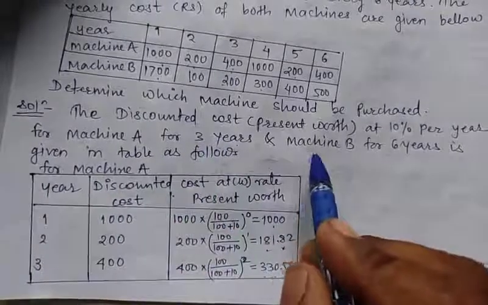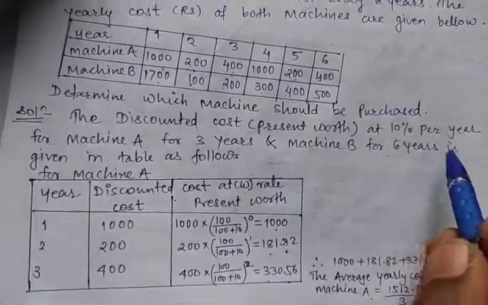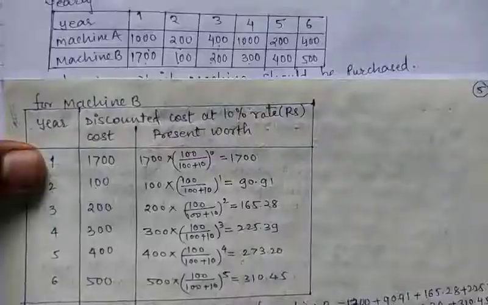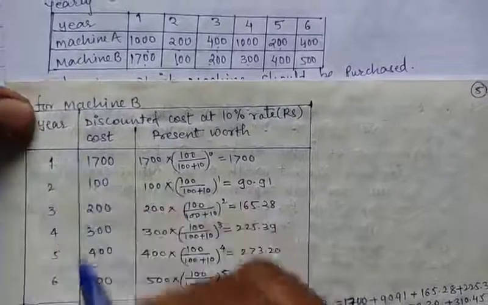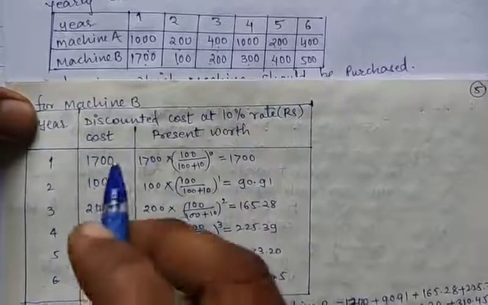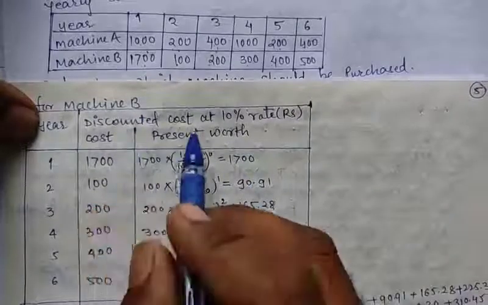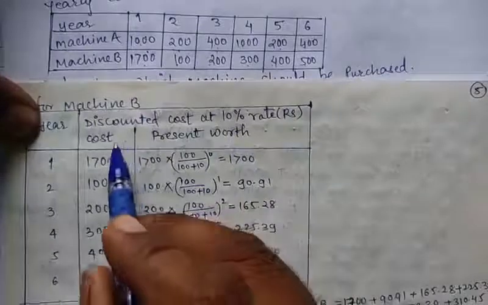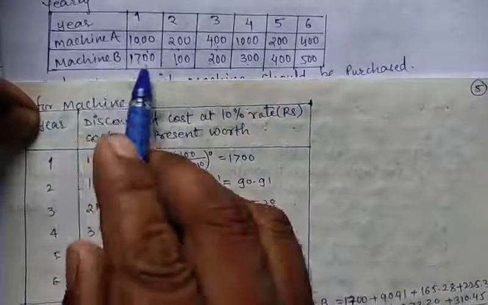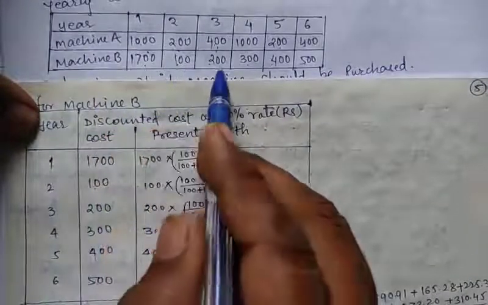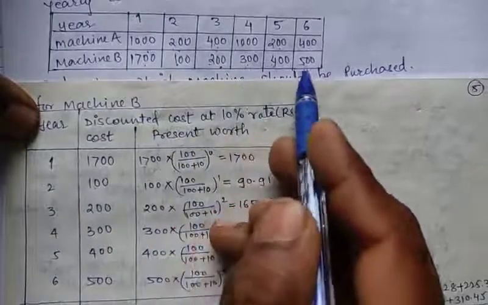Now we have to calculate for machine B for 6 years, because the machine should be replaced after every 6 years. So the discounted cost at 10% rate: the costs for machine B are 1700, 100, 200, 300, 400 and 500.